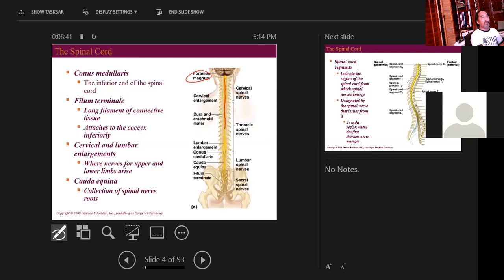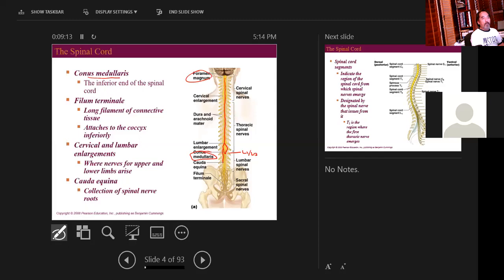And then from there, it stops here, in a place we call the conus medullaris. So the conus medullaris is the inferior end of the spinal cord. After that, it doesn't continue down. That level is going to be about L1 or L2, lumbar vertebrae 1 or 2. So it stops there, but remember, the nerves still travel down to the bottom.